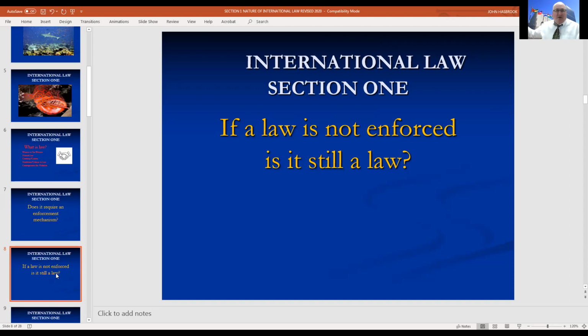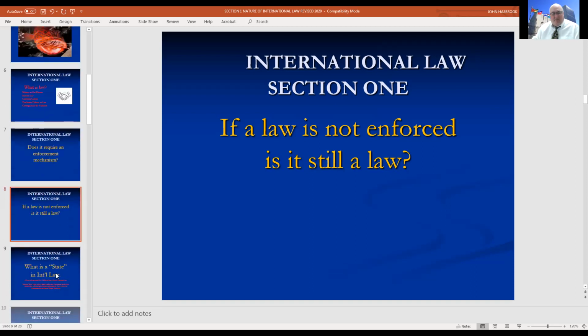But nevertheless, it's still a major difference between domestic versus international law in how it is enforced, or it may not even be enforced at all, because the only way to enforce it is through military force or economic sanctions or other types of economic force. And we'll talk more about that as the term progresses.